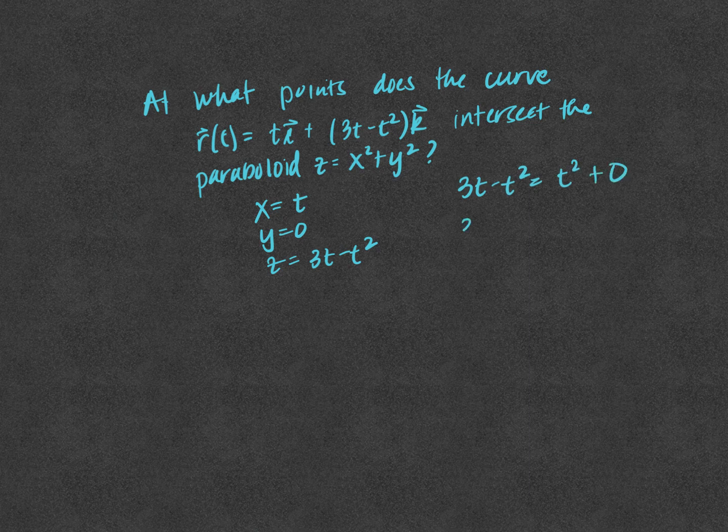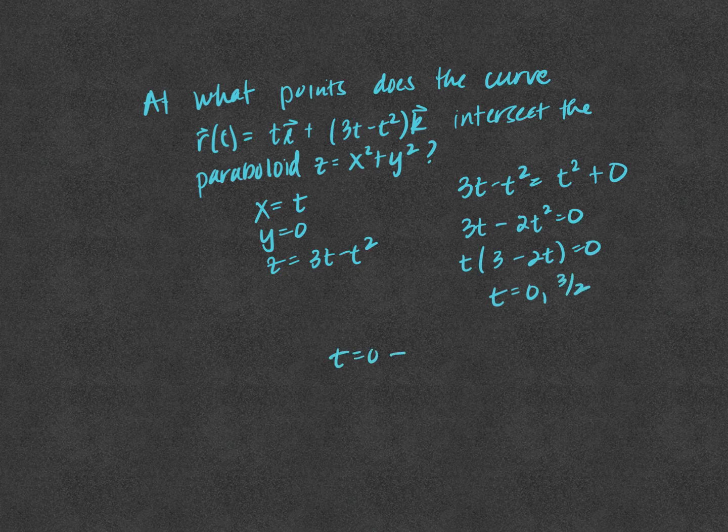If we bring this to the other side, we get 3t minus 2t squared equals 0. So we're going to factor to solve. We get t times 3 minus 2t equals 0. So t equals 0, and 3 equals 2t, so t equals 3 halves.